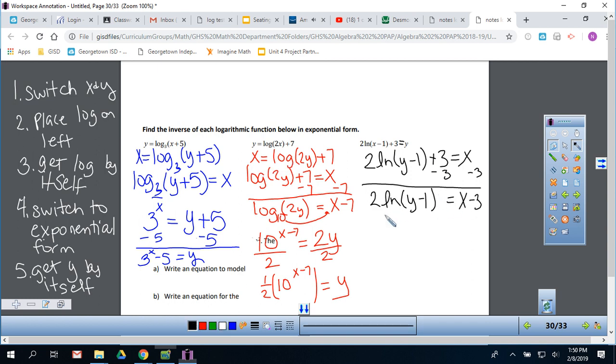Alright, is natural log by itself yet? No. So we're going to divide by 2.